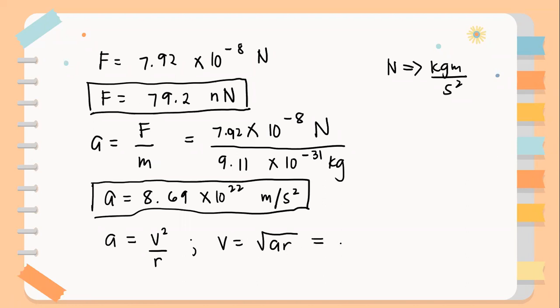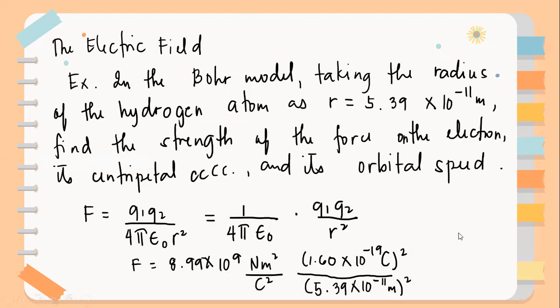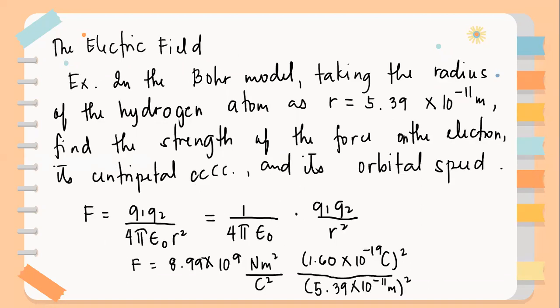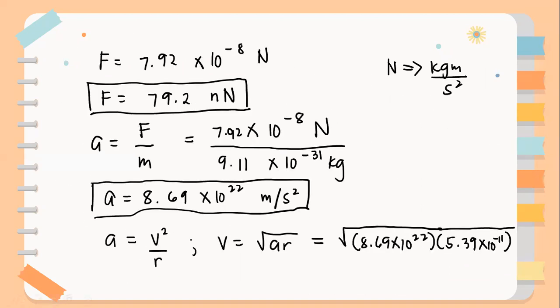Therefore, v is the square root of 8.69 times 10 to the 22 times r, which is 5.39 times 10 to the negative 11.